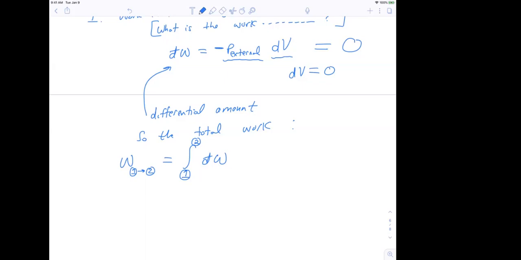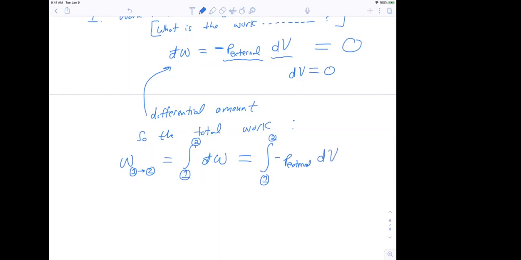But we know now we have a relationship for dw in terms of other things. So we can now further refine this expression. And we know from this guy here, dw, going from equilibrium state 1 to equilibrium state 2 is minus P external dV.